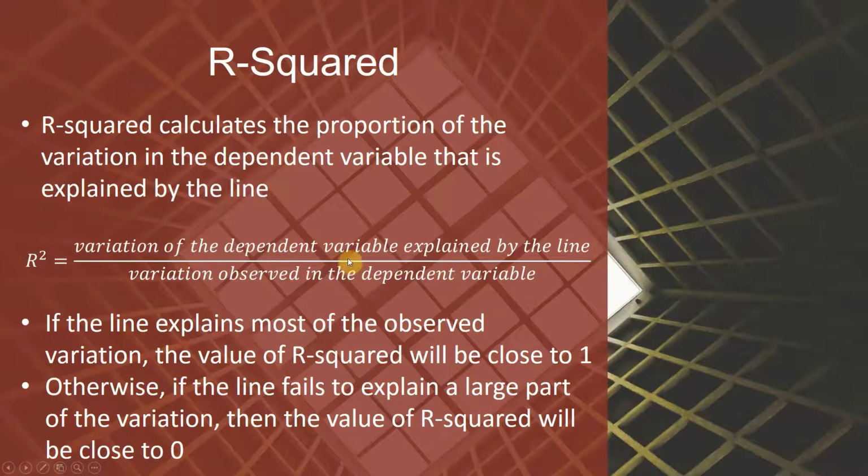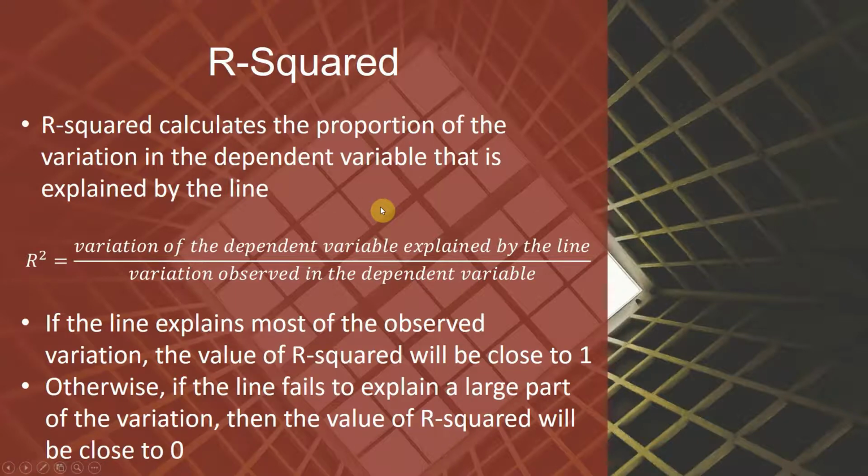In the worst case scenario, our line will fail to explain any variation. So the numerator will be 0, and 0 divided by the observed variation will be 0. This is why R-squared is in the range of 0 to 1. The closer it is to 1, the better the job our line is doing in explaining the variation which we observe.